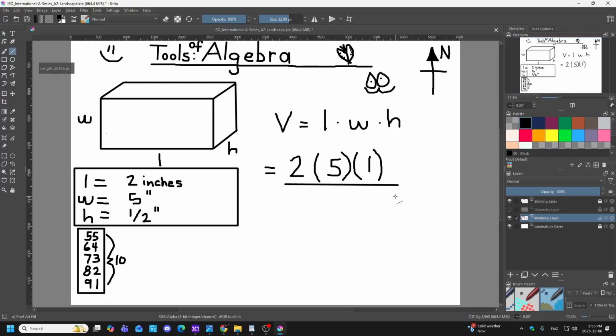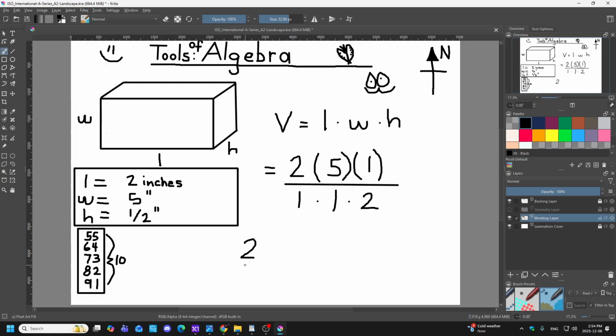Okay, this will work. 2 over 1, 1 over 5, and there. All right? So I hope this makes sense what I've done, right? A whole number is written like this, right?